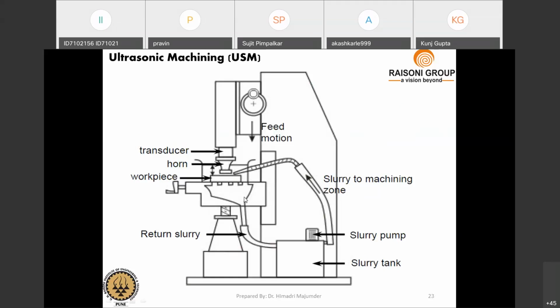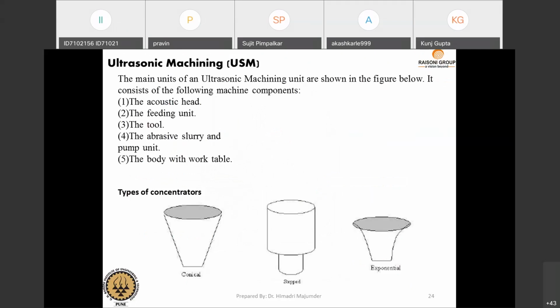Then the extra slurry that is not used, we can take out using this return slurry pump, and it will be stored in the slurry tank. After this process, you can use this slurry again after some filtering. So this is your setup of ultrasonic machining and the working principle.